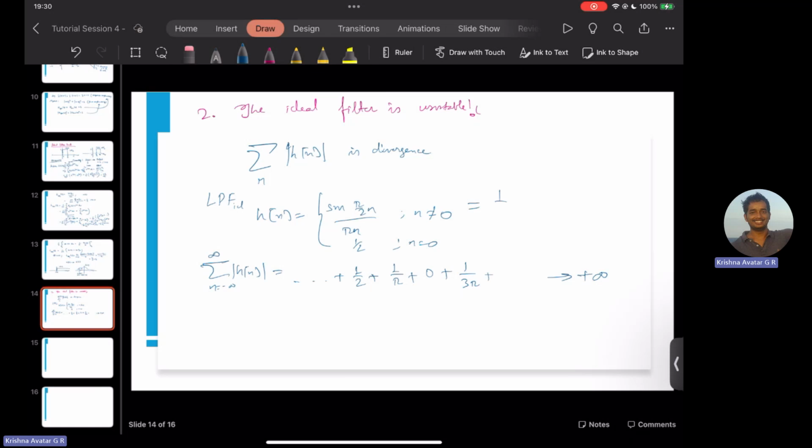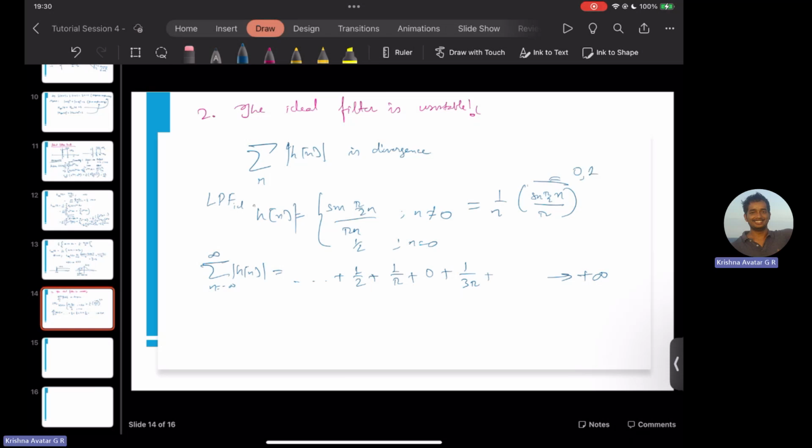So this is as if you have 1 by n into sine(pi n by 2) divided by pi, right? And sine(pi n by 2) will have values of 0 or 1 in magnitude. I'm just talking about the magnitude.